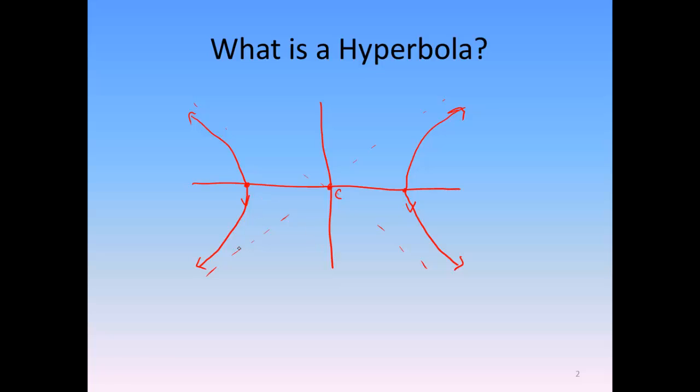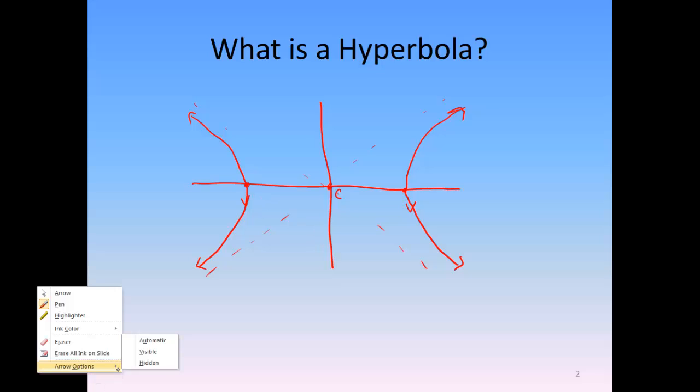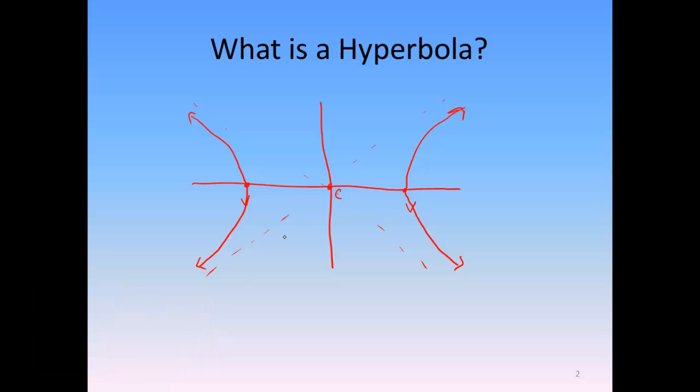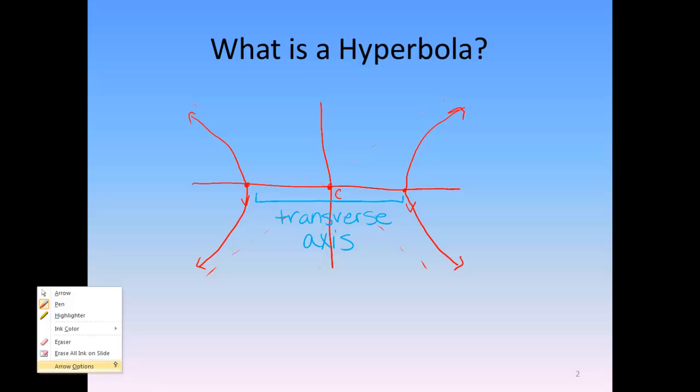Instead of calling things a major and a minor axis, the axis through the vertices is called the transverse axis. This transverse axis can be horizontal, like I made it here, or it could be vertical.